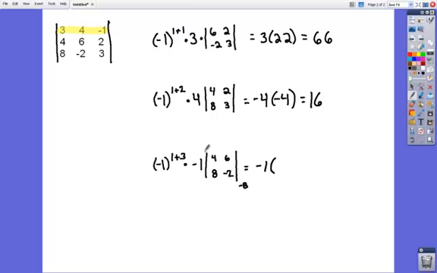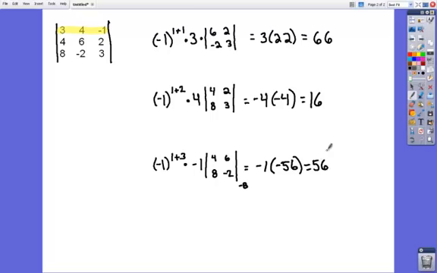We're finding the minor. There's another video for that if you forgot how to do it. And then 8 and 6 is 48. So negative 8 minus 48 is negative 56. So negative 1 times negative 56 is positive 56.